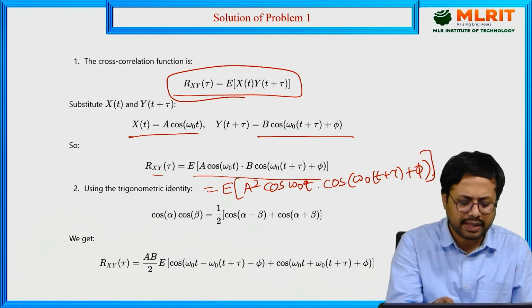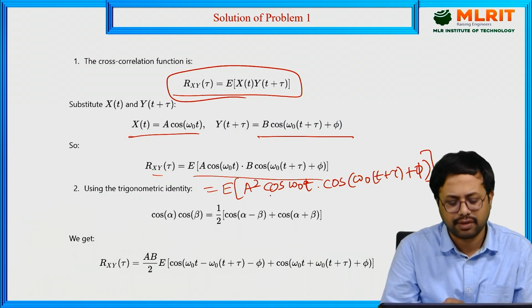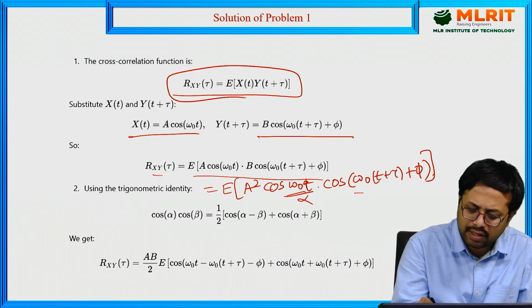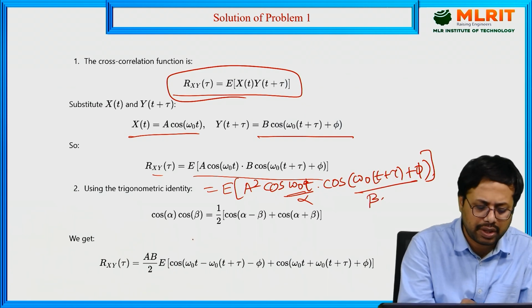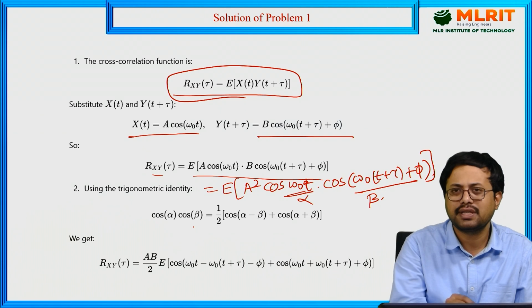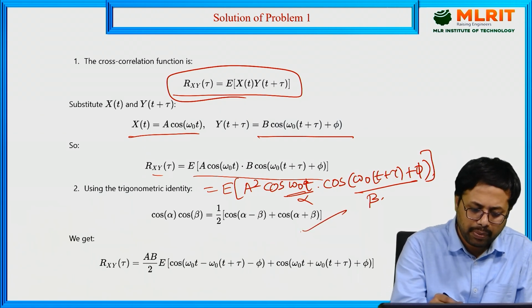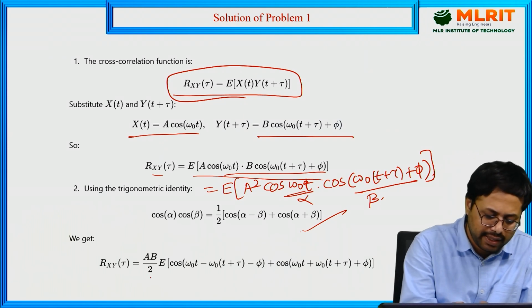Now you take the constants outside, because the expectation of a constant is the constant itself. Then for the remaining terms, you consider one as alpha and the other as beta, then use 2 cos a cos b form, that is cos of a minus b plus cos of a plus b. You apply that to the above expression, then you are going to get AB by 2.